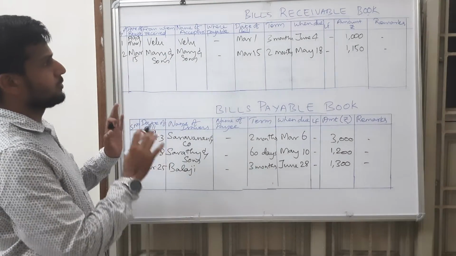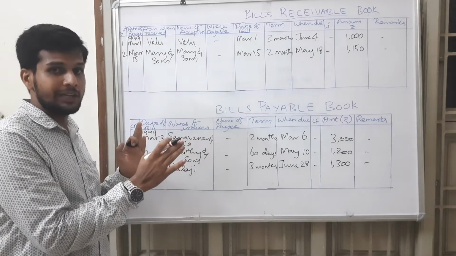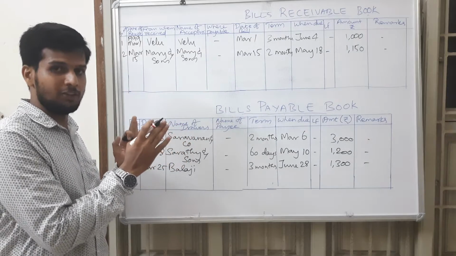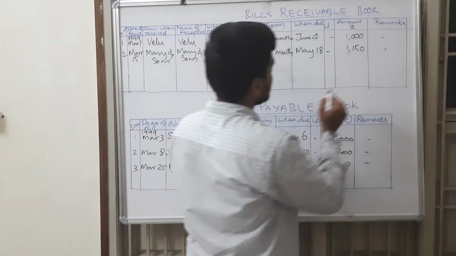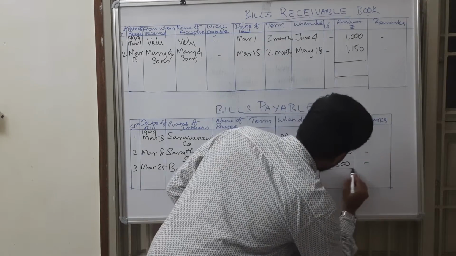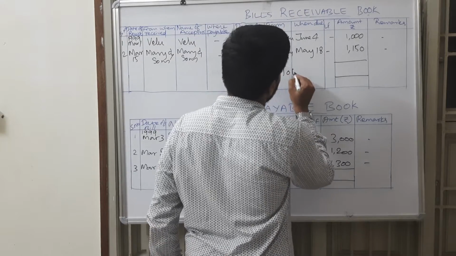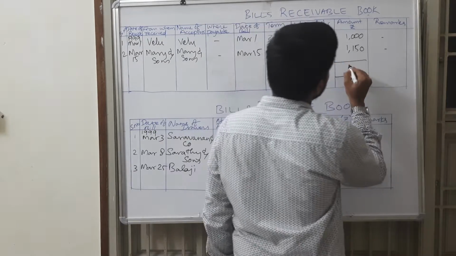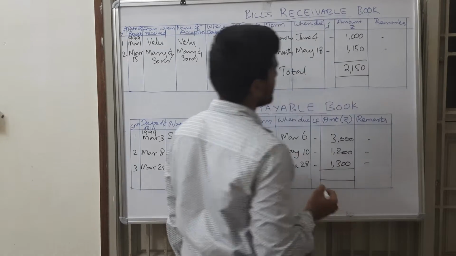So this is how we have to present the particulars and details of the bills receivable and the bills payable in the respective books, right? And after this, we need to put the total of this amount column, right? What is the total? 2150 rupees.